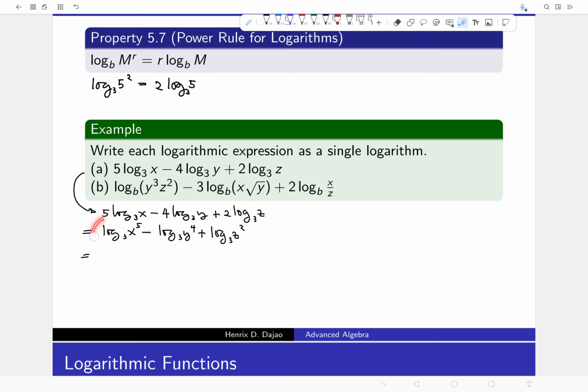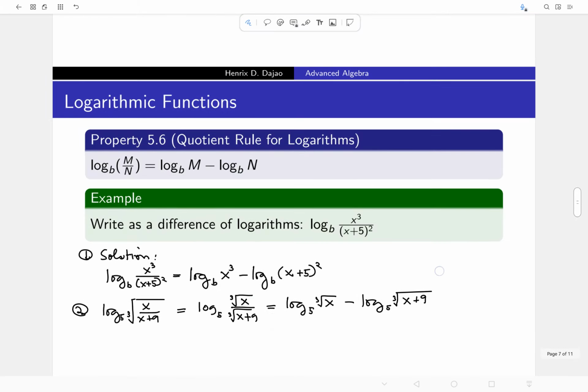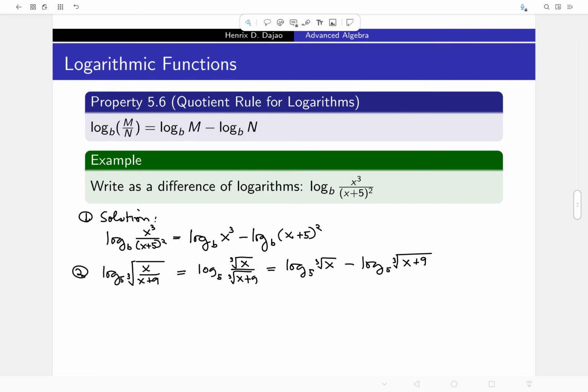So now we can actually group this one first so that we can apply property 5.6, which is this one, and then eventually we can turn it into this expression since they are just equal.